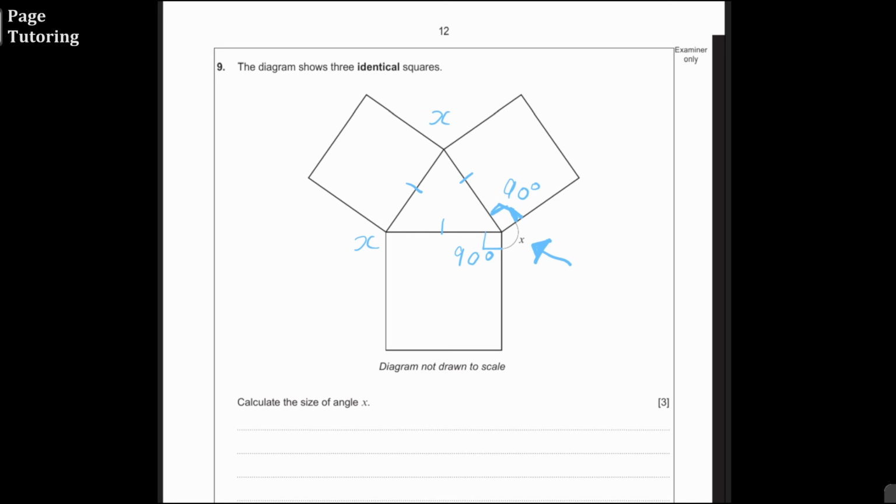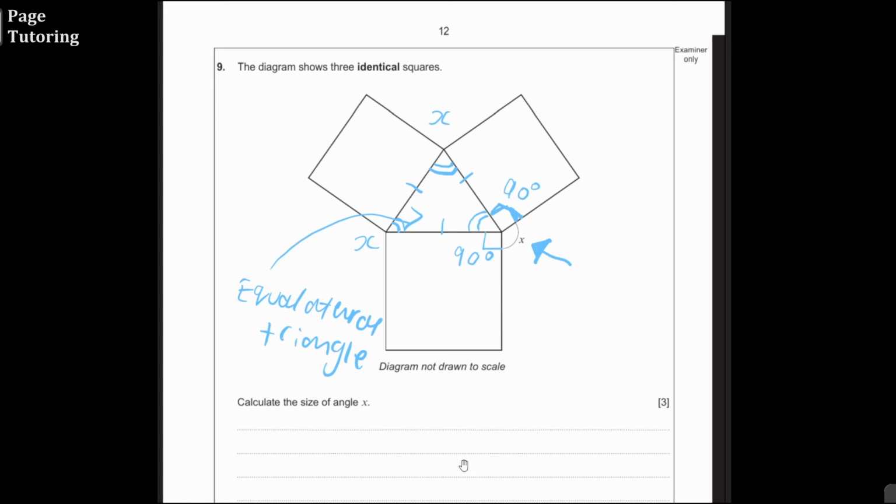Well, that would be an equilateral triangle. So a triangle where all the sides are the same. And what you should know about an equilateral triangle is when all the sides are the same, each one of these angles is going to be the same. I'm going to do it with 2 lines there to show that that's the same angle.